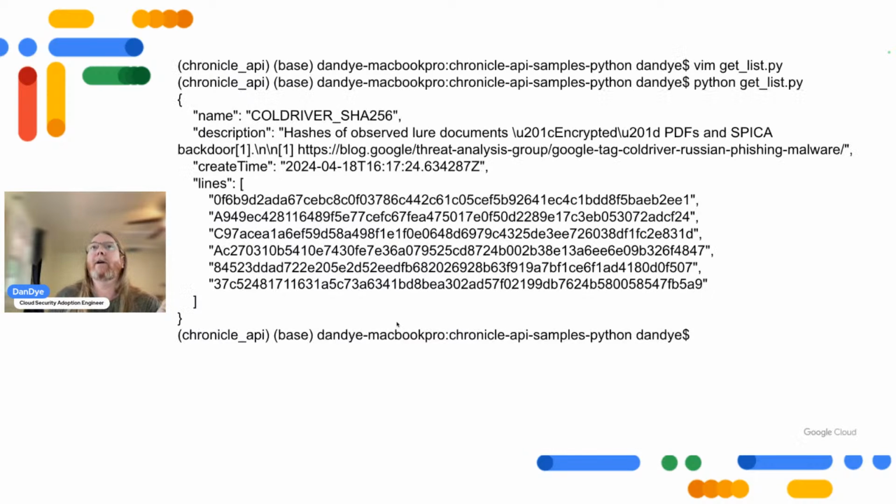Now you can see from my command prompt at the very top that I have the virtual environment active. On the far left, it's showing Chronicle under API. That's the name of my virtual environment. And I'm calling the script with Python get list, and it prints the output just like the REPL did. So it works.